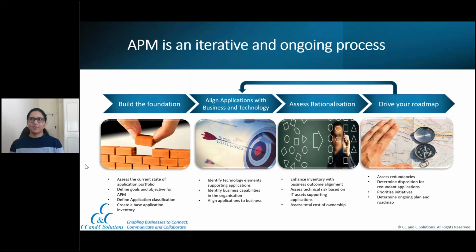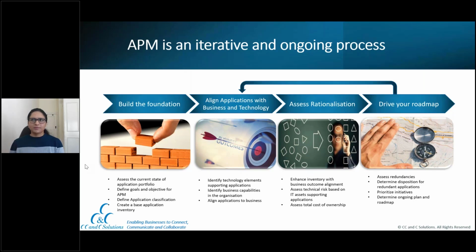So that makes it iterative, because if you're trying to get it right the first time, there's a good chance that we will delay the realization of the benefits that may accrue from APM. I think that's very important. The base application inventory, even if 60-70% good enough, I think we should just get it in, and then once it is in the system, we can put a process in place to get it to a higher level of fidelity. I think that's very important to keep in mind.